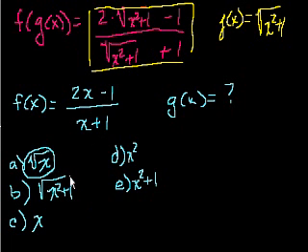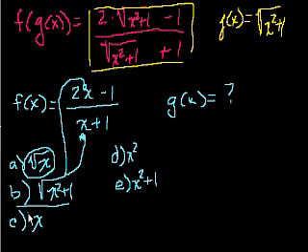If you replaced x everywhere with the square root of x squared plus 1, you would get this expression, so this would be the answer. If you just replaced x with x, you would just get this over again, which does not equal this, so that doesn't work.